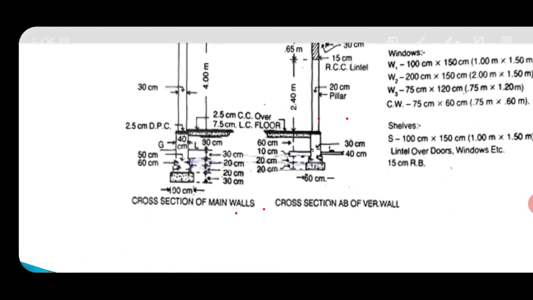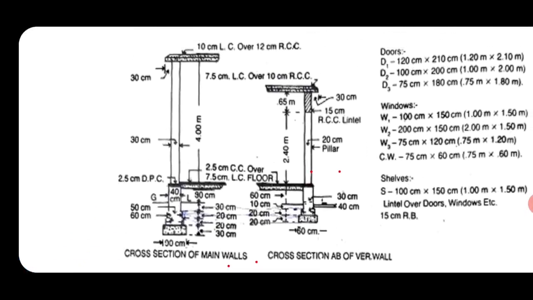Now see the cross section of both wall, 30 centimeter and 20 centimeter. So you can see here the 30 centimeter wall and 20 centimeter wall are of different sectional diagram.